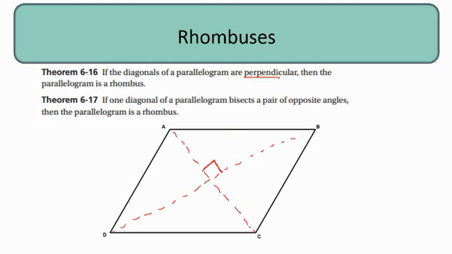If one of the diagonals of a parallelogram bisects a pair of opposite angles, then the parallelogram is a rhombus. For example, in parallelograms opposite angles are congruent already, but if the diagonals bisect those angles into two smaller congruent angles, then the parallelogram is a rhombus.